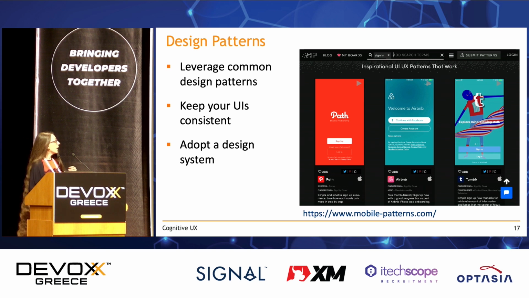So that is why I've just placed this link, for example. This is a website that actually helps you to keep up to date with all the mobile patterns that are emerging, and they are emerging continuously because mobile, especially mobile interactions, are pretty much fast evolving.